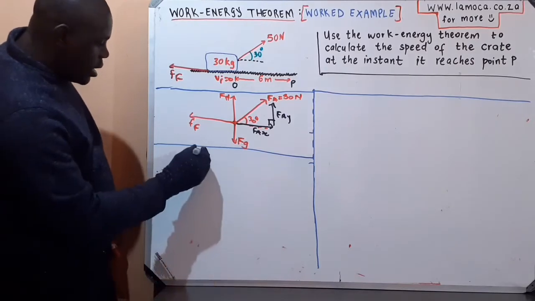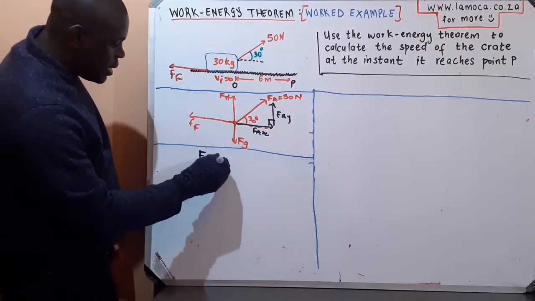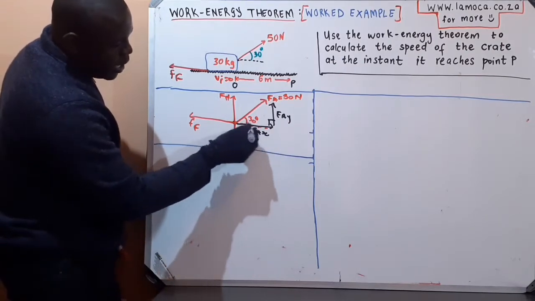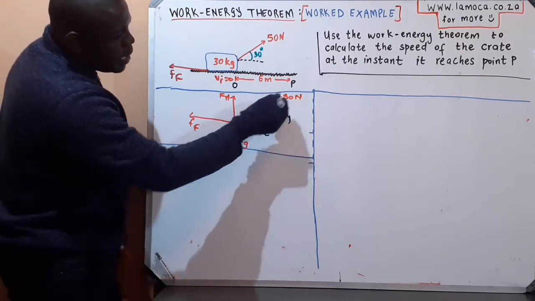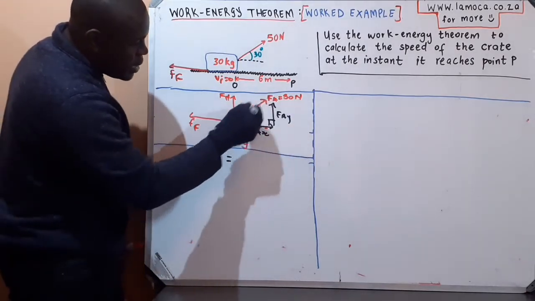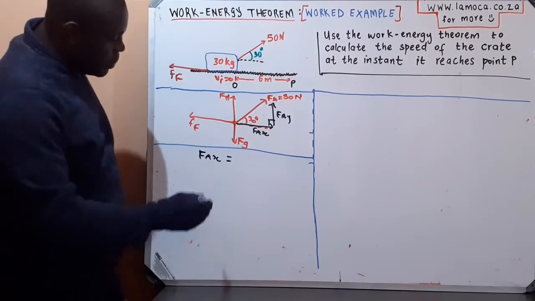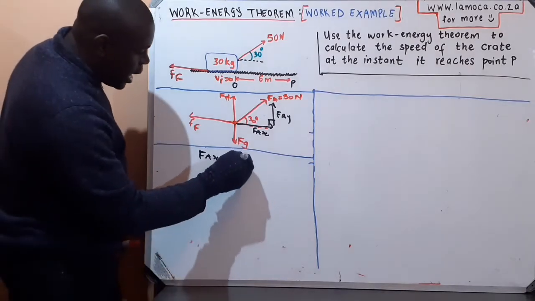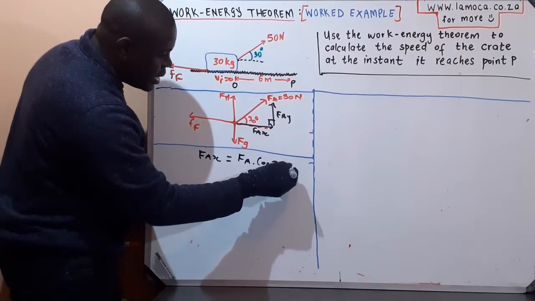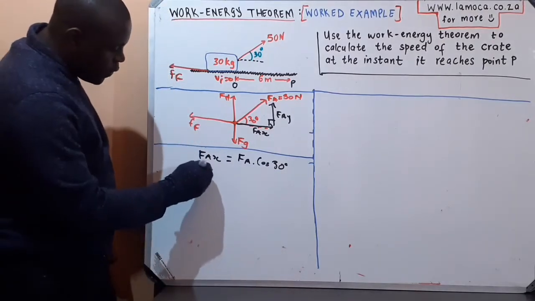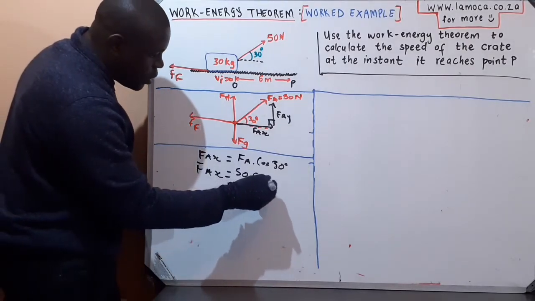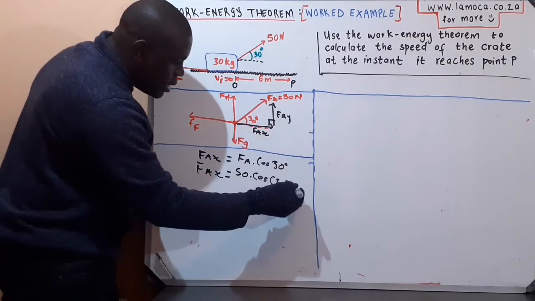Now, resolving force applied on the X, the angle of interest is adjacent to the F applied on the X, and our force applied is the hypotenuse. So the trig ratio that uses hypotenuse and adjacent is cos. It means our F applied on the X is going to be F applied times cos of the angle 30 degrees, which is 50 times cos of 30 degrees.